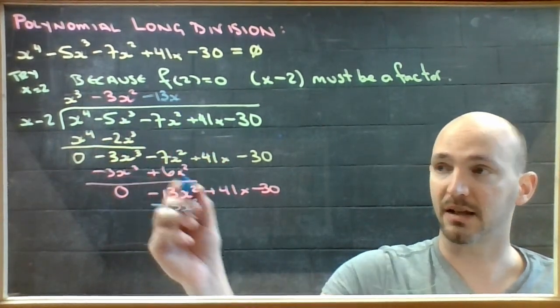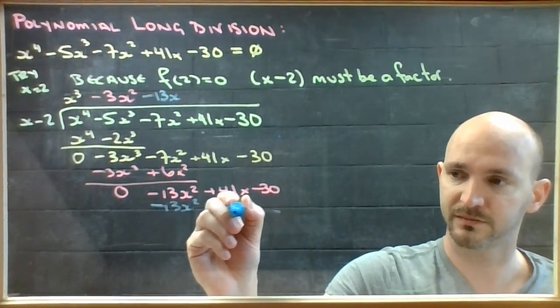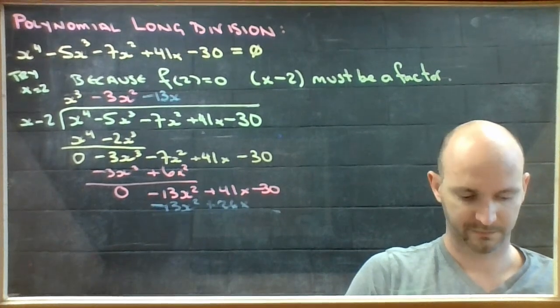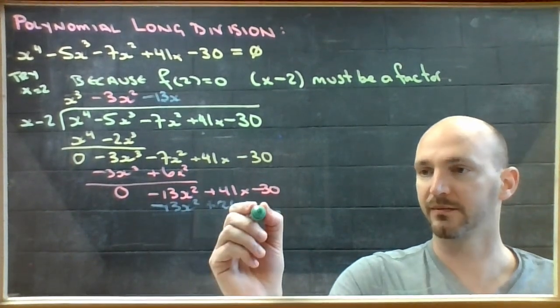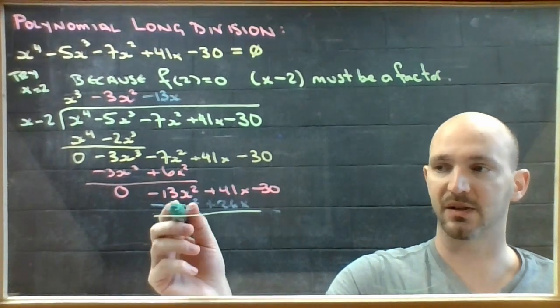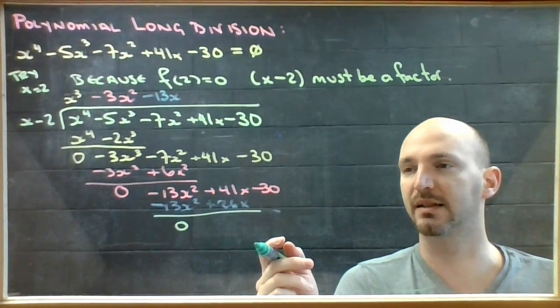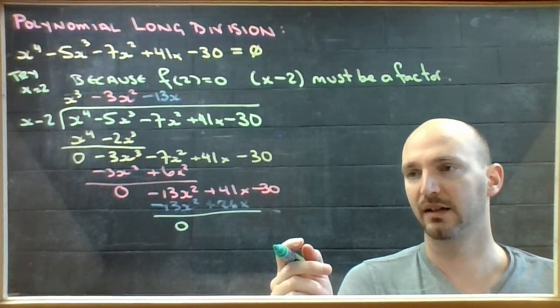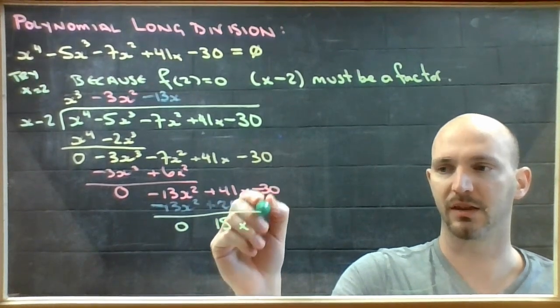Minus 13x times minus 2 is plus 26x. For a total of minus 13x squared, minus 13x squared is gone. 41 minus 26 is 15. And this is still there.